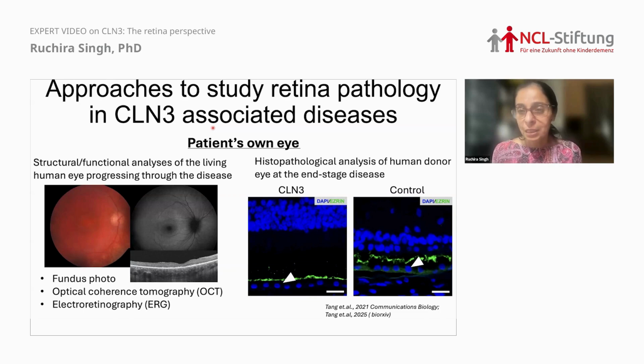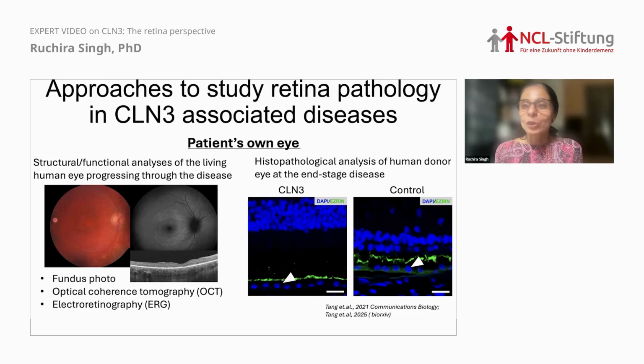CLN3 associated disease. One of them is studying the disease progression longitudinally in the patient's own eyes over time. So here on the left, it's basically using non-invasive retina imaging, and retina imaging modalities and functional testing like electroretinography are pretty advanced.